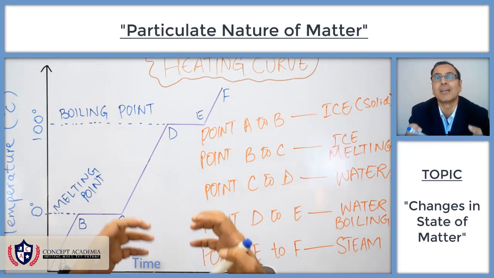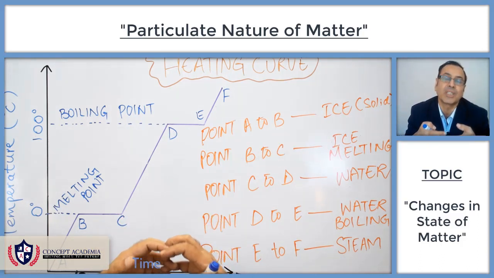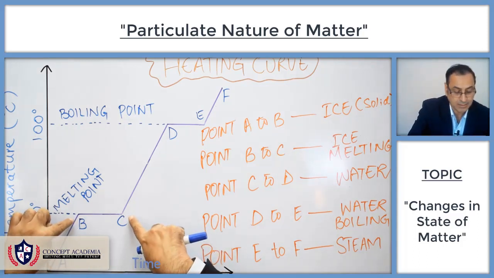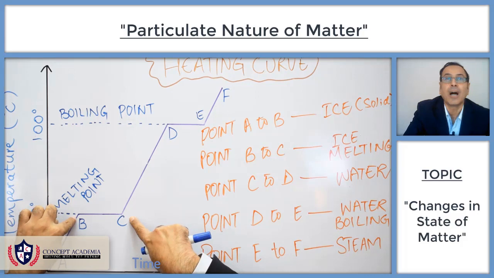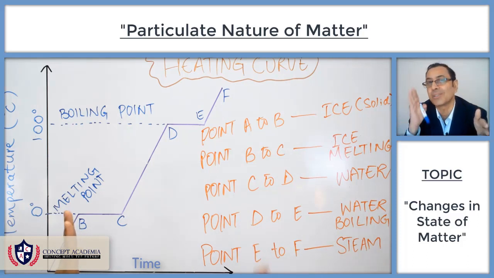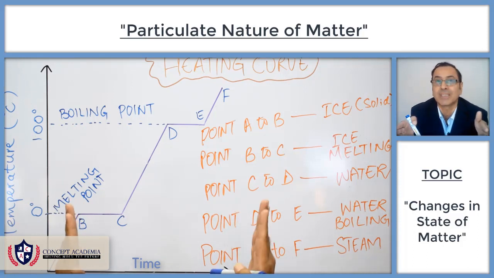So the solid particles are closely packed and they have forces of attraction, and these forces of attraction must be broken. During that time span, all the heat energy is basically utilized in breaking down the forces of attraction existing between the particles of the solid.